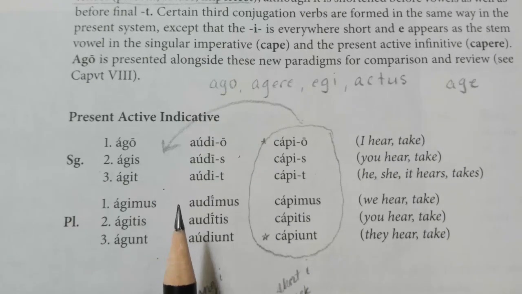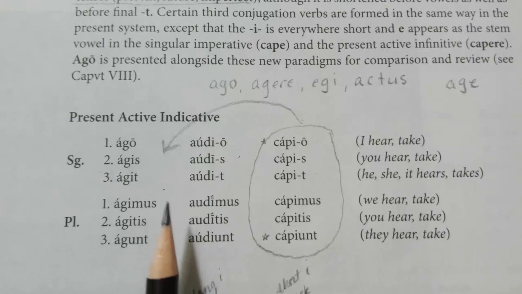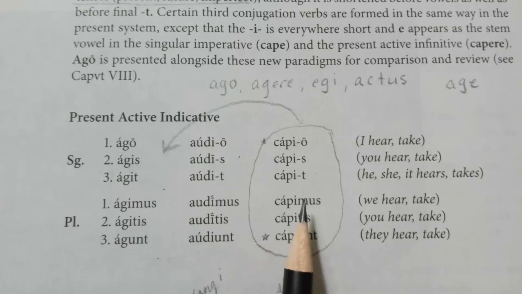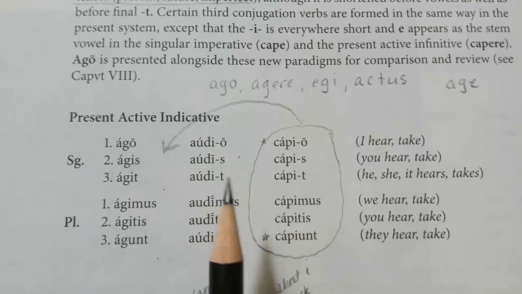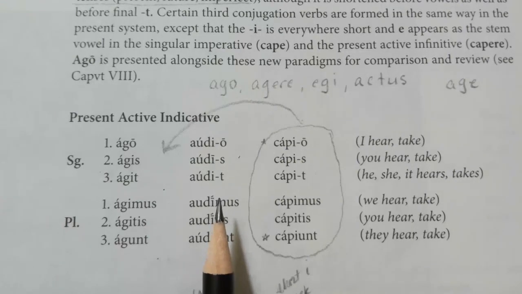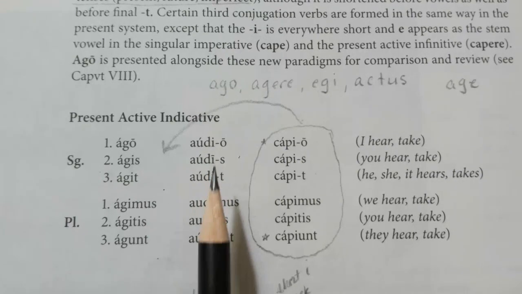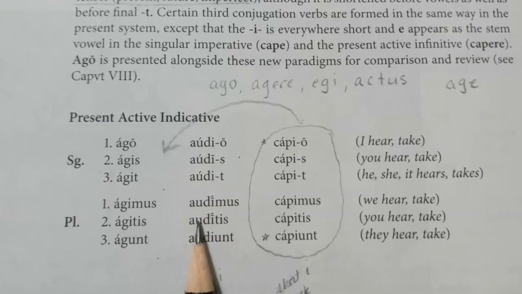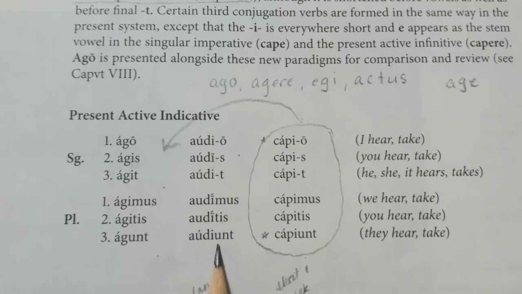We're looking at the present tense. With the third conjugation, third io, and fourth conjugations, you're going to have the I present. Now with third io and fourth conjugation, having an I in the present: audio, audis, audit, audimus, auditis, audiunt.